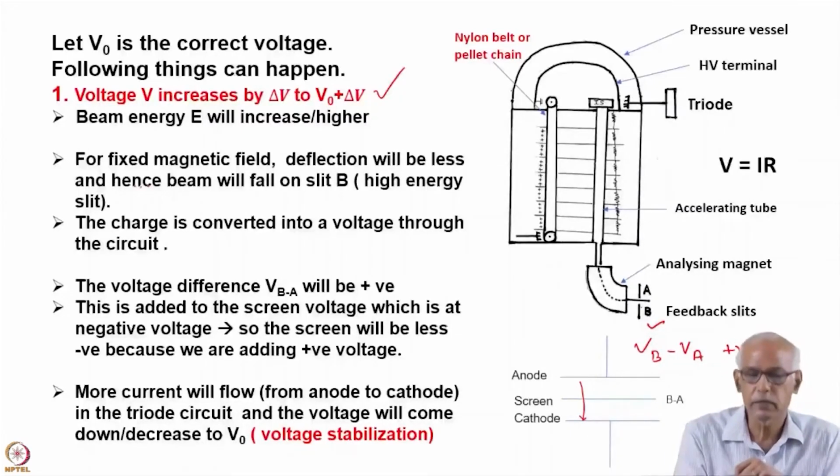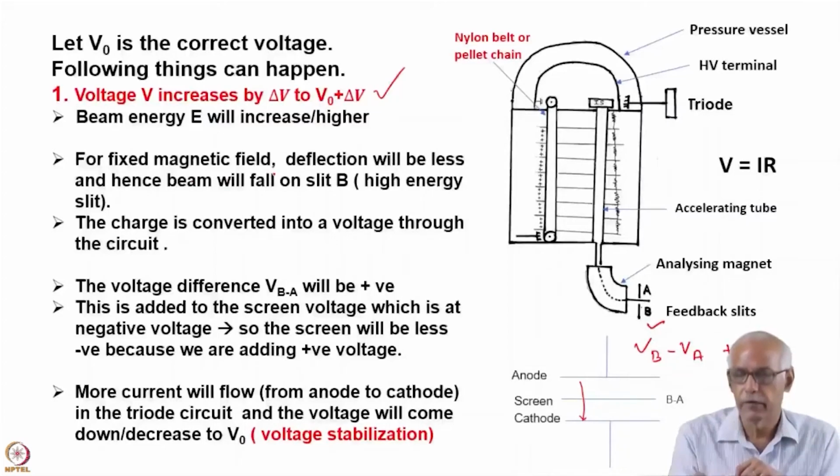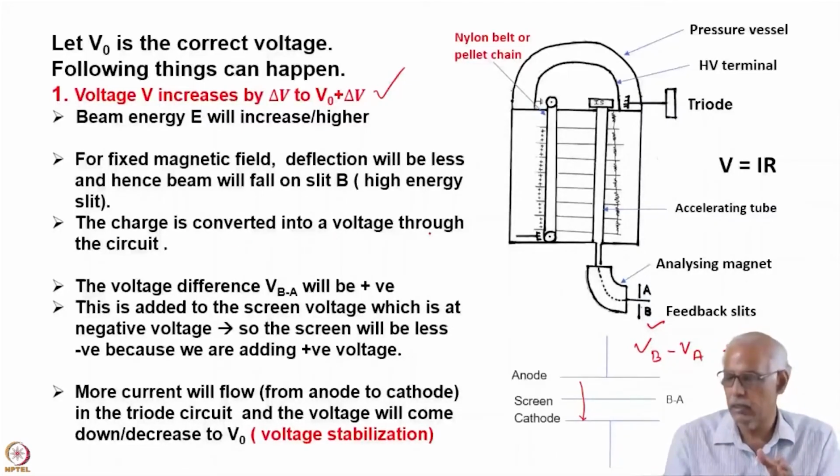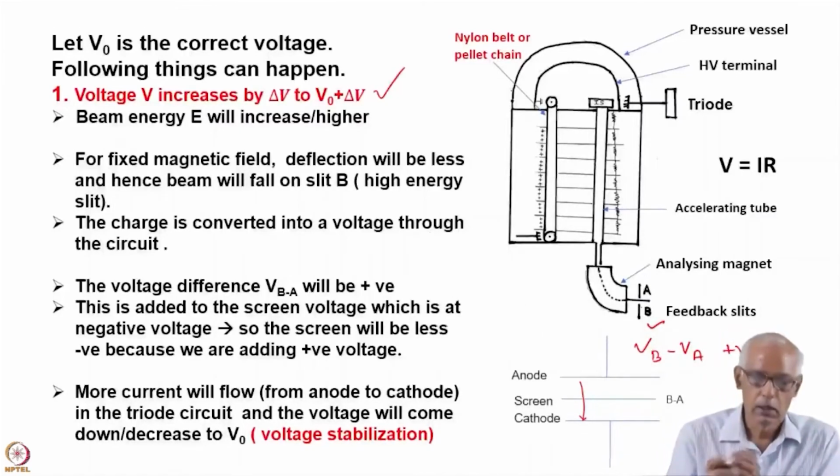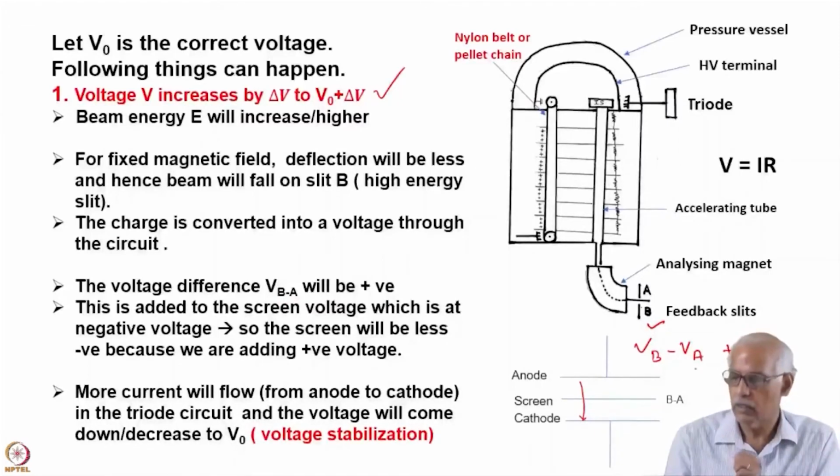So for a fixed magnetic field, deflection will be less, and hence the beam will fall on slit B, which we call the high energy slit. The charge is converted into voltage through some circuit here, because it is the charge collected on this. The voltage difference VB minus VA, as I explained, will be positive now.